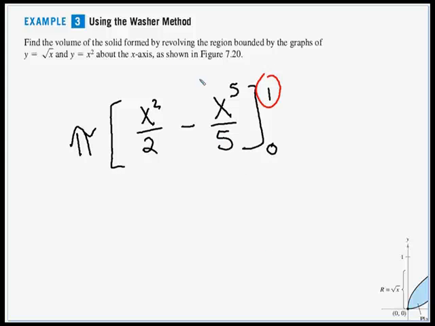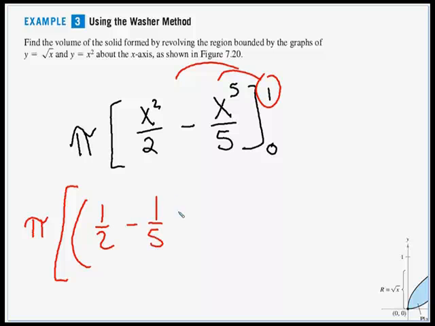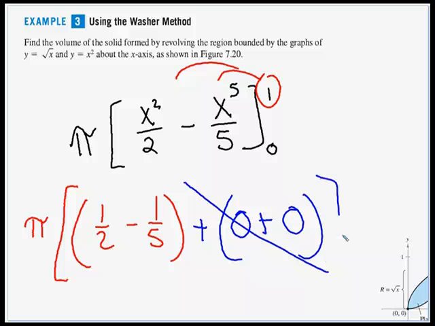That 1 is going to hop in there, and then we're going to have pi times 1/2 minus 1/5. And then we subtract our lower limit run through, and this is why I like 0 so much. We plug in 0 and get 0 divided by 2 is 0, 0 divided by 5 is 0. That becomes just a great big nothing. So we get pi times 1/2 minus 1/5. 1/2 minus 1/5 is 3/10 pi.